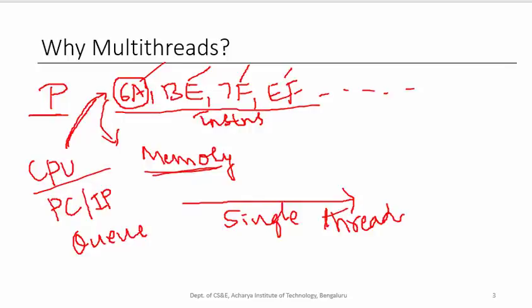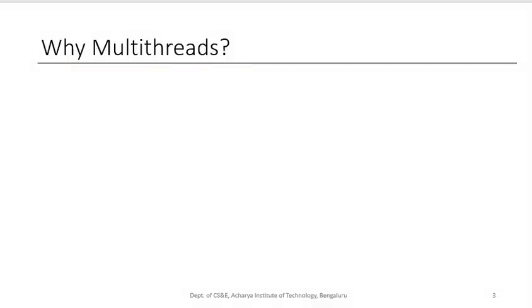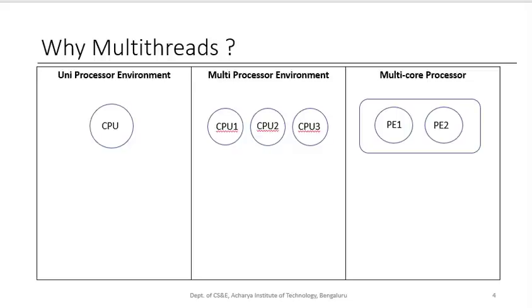If you are running this single process on the three different computing environments that we just discussed, let's see what will be the issue. Let me take this slide. As I told you, in a uniprocessor environment you will have one CPU, and in a multiprocessor environment you will have multiple CPUs.